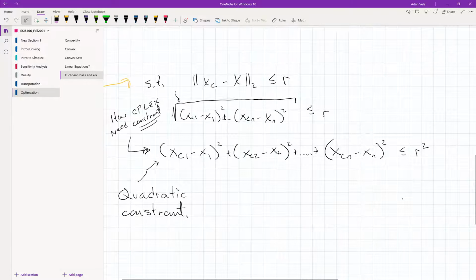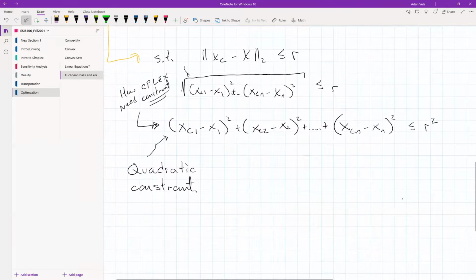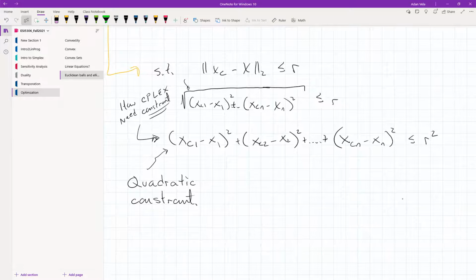Now, one thing that is pretty useful is a lot of times you'll see people write these quadratic constraint equations in different ways. You know, because these are norms, and these norms are essentially inner products as well, right?